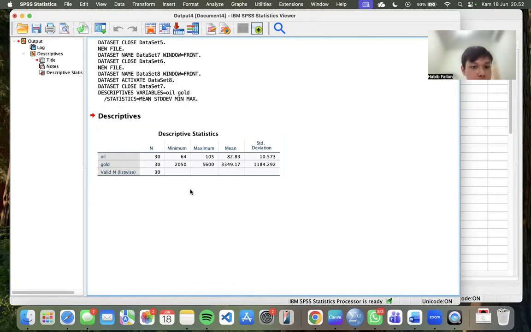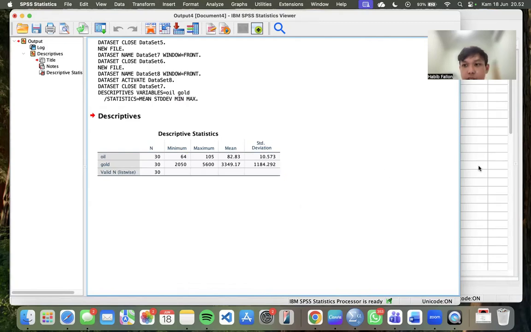Meanwhile, world gold prices have a minimum value of 2050 and a maximum value of 5600, and the average value is 3349.17 with a standard deviation of 1184.292. From this result, it can be seen that world gold prices have greater variation compared to world oil prices, as indicated by the higher standard deviation value.